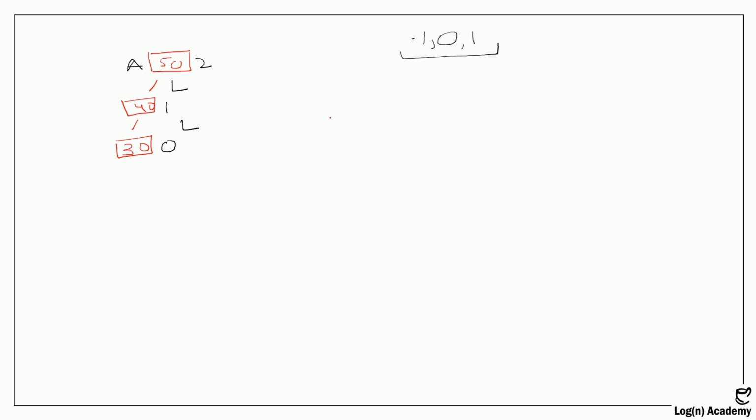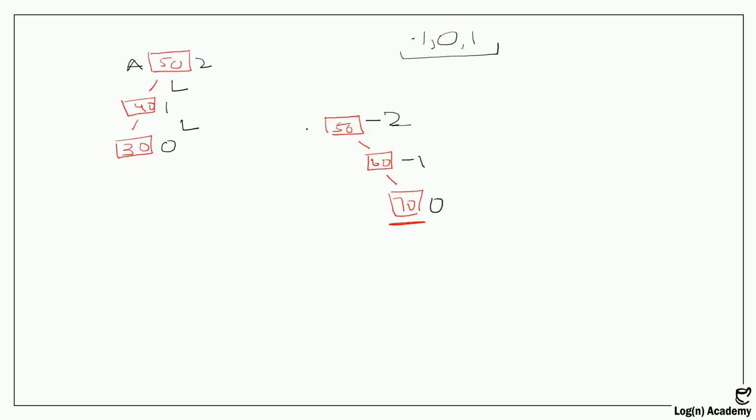In the same way, for RR, the case will be very similar, and you must have guessed by now that it is 60 and it is 70. So this is the RR case, because now we have inserted the node on the right hand side of the right subtree of the node A. Now if we again calculate the balance factor, it will be 0, this will be -1, this will be -2.